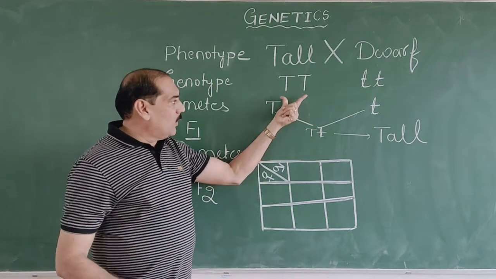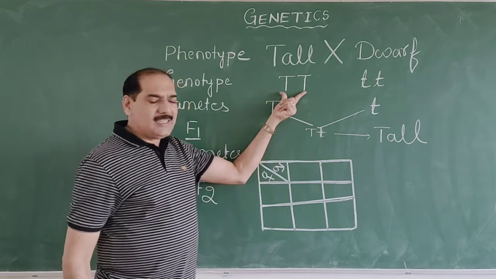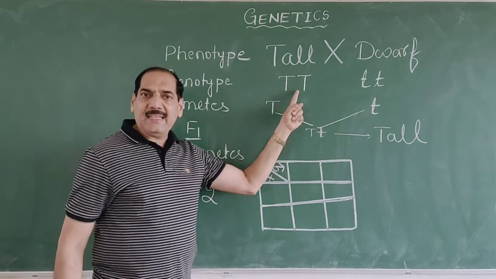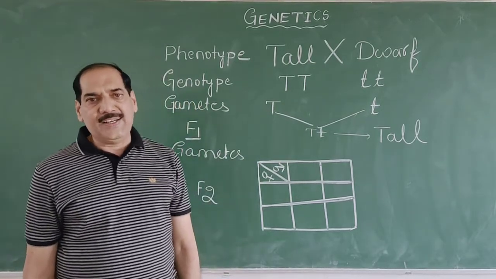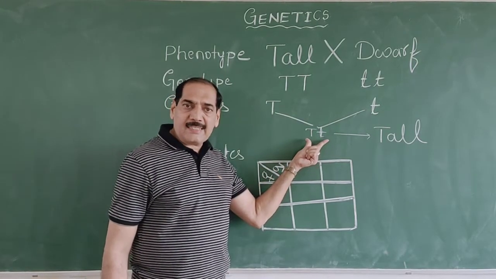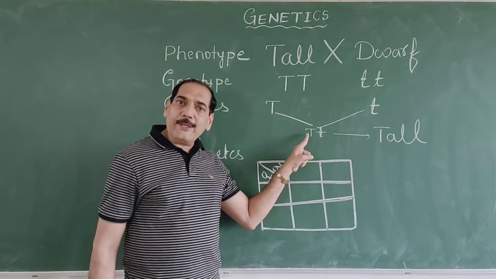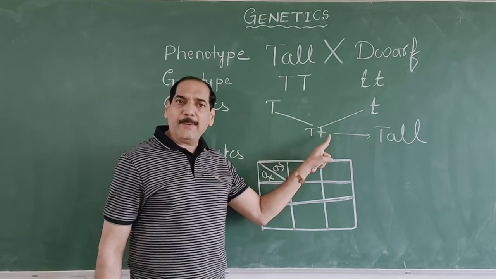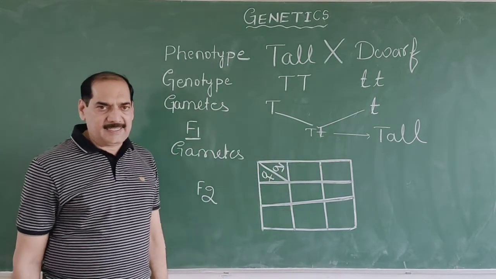Phenotypically, both are same. Look at the genotypes. Here there are a pair of factors, they are identical. This condition is called homozygous condition. Here also there are a pair of factors, they are unlike. It is called heterozygous condition. So all these hybrid talls are heterozygous.